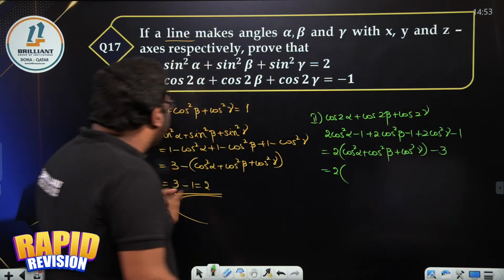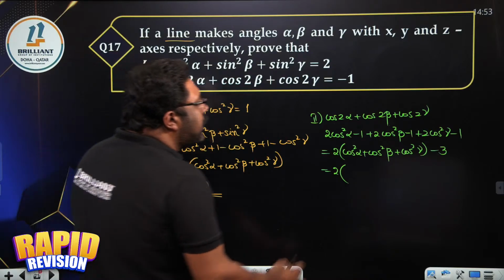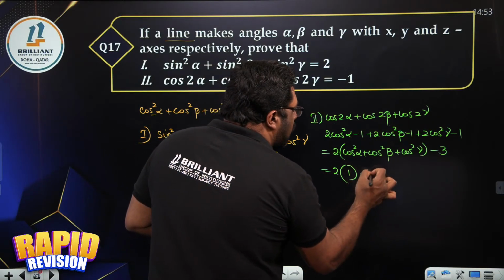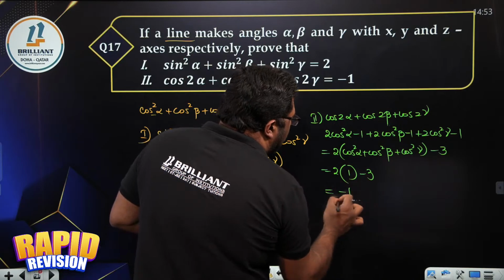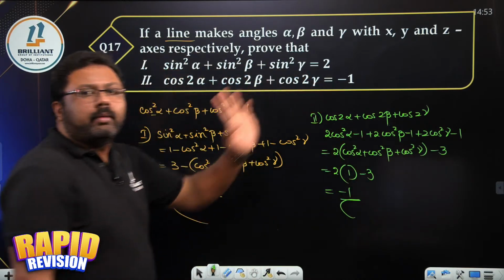And what is the sum of cos squared alpha, cos squared beta, cos squared gamma? It's 1. So it's 2 minus 3, which is minus 1.